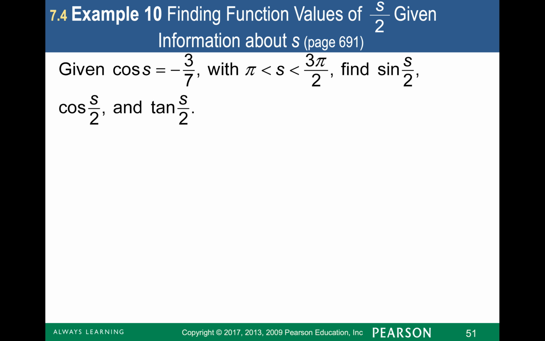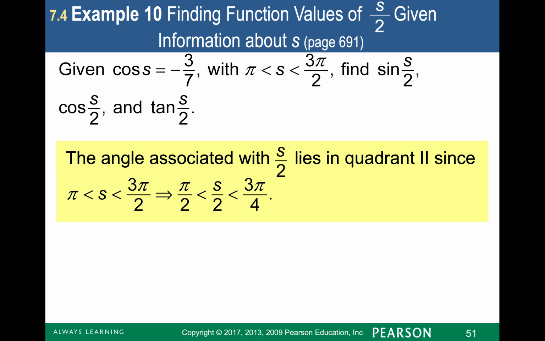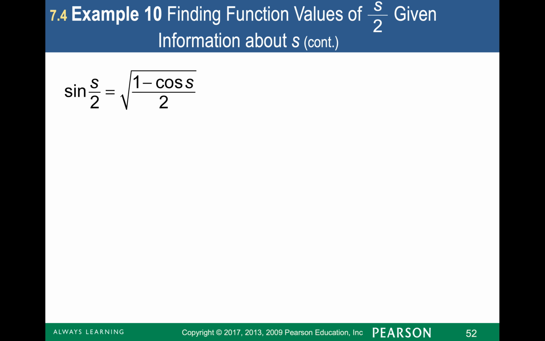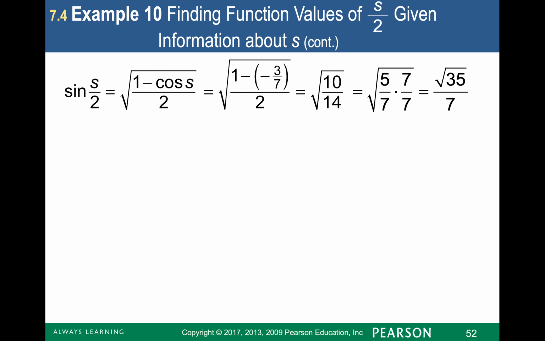I can follow much the same pattern and find the value of the six trig functions if I just know one. So I'm going to use the angle associated with this as being in quadrant 2, based on the information that I've been given. I know that sine is positive there, but cosine and tangent are negative. So I'm going to use the half angle identity, since I know cosine s, to find sine of s over 2, which is the square root of 10 over 14, which I rationalized to get the square root of 35 over 7.